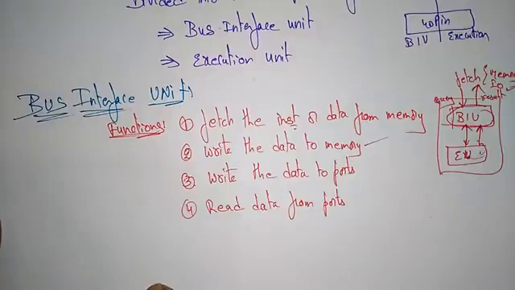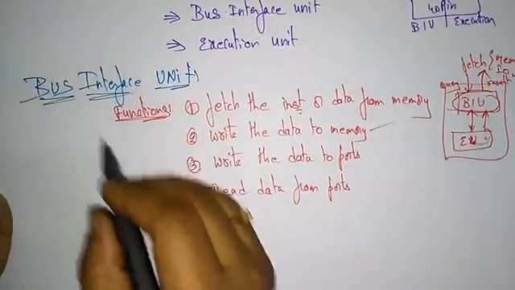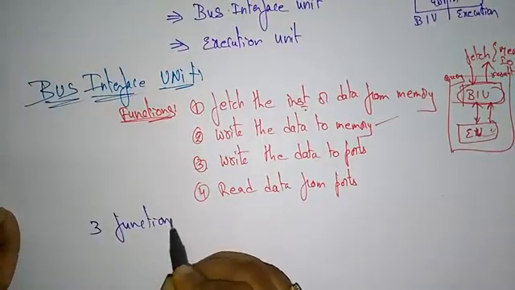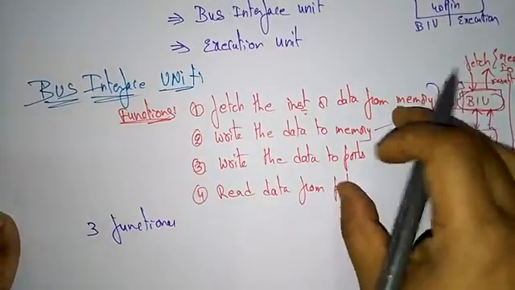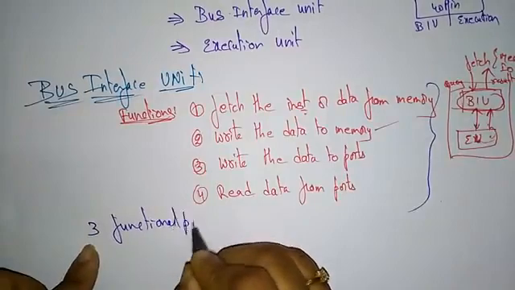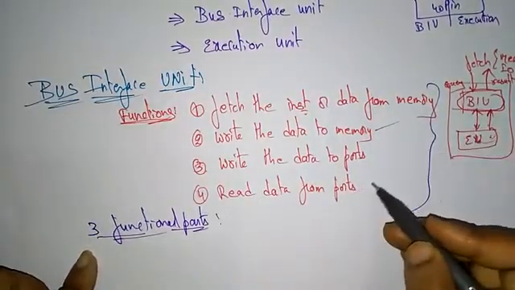The bus interface unit consists of three functional parts. We have seen the functions, so which parts in the bus interface unit do these functions? These three functional parts will do these four works.